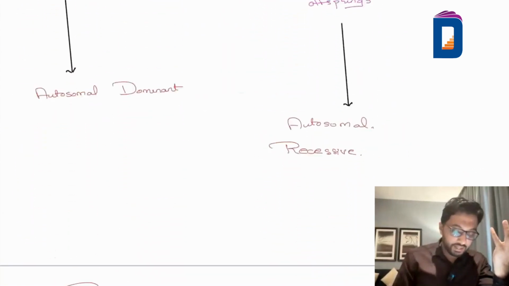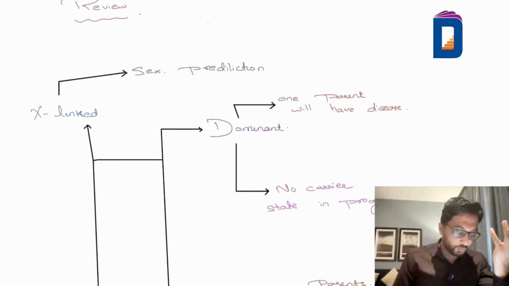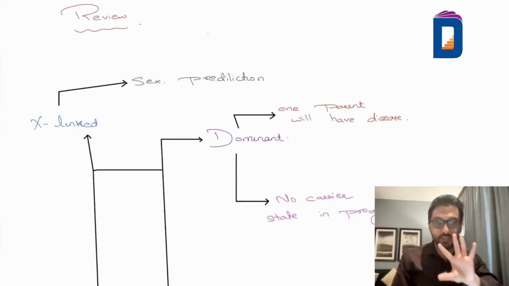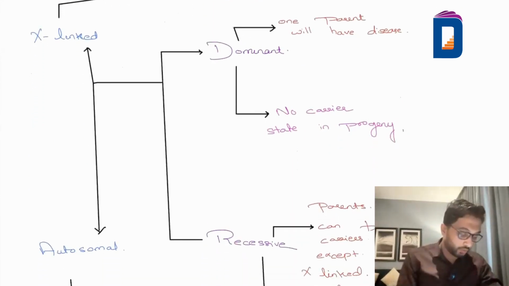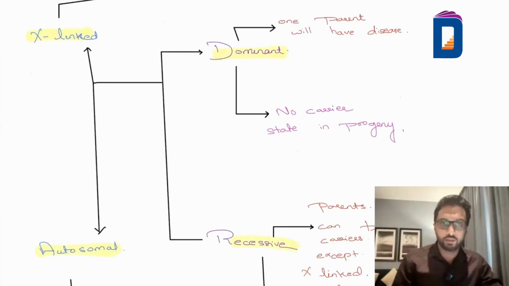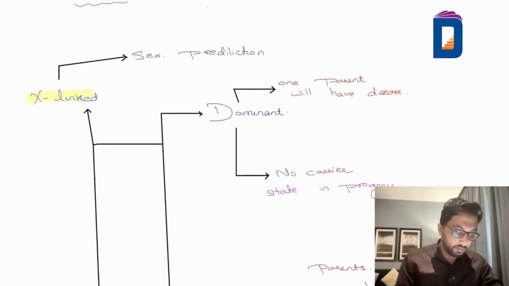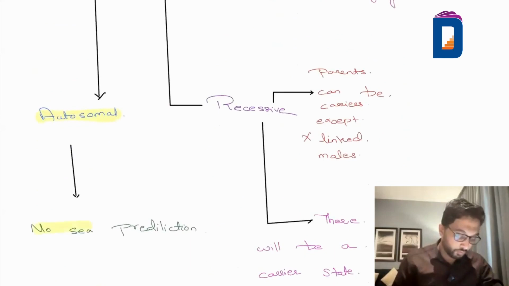Now let's understand another small chart. Now don't look at it as such yet, I'll explain this. As you all know, there are two types of disorders, X-linked and autosomal, which can be dominant and recessive. That is X-linked dominant, X-linked recessive, autosomal dominant, autosomal recessive. Now, X-linked means there is a sex predilection, and autosomal means there is no sex predilection.